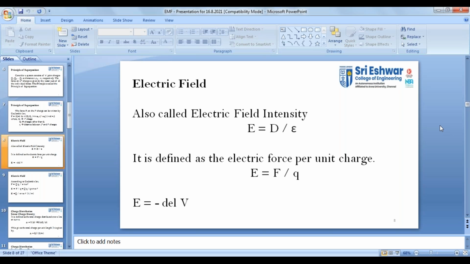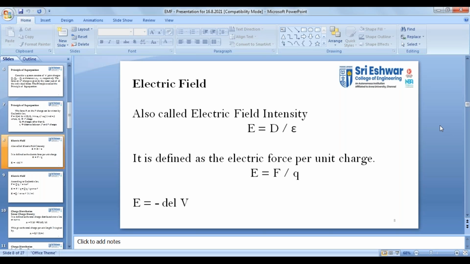So from that, if I find E, capital E, which is electric field intensity or electric field, it will be given by D divided by epsilon, because D is equal to epsilon E. So obviously E is equal to D by epsilon. See, there are two methods of defining electric field or electric field intensity.